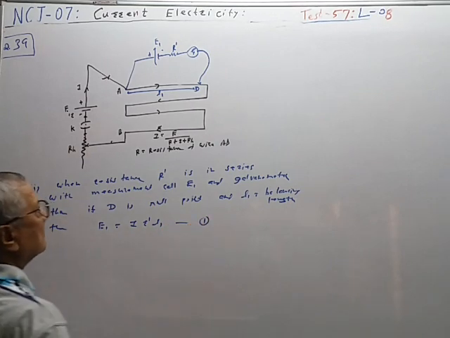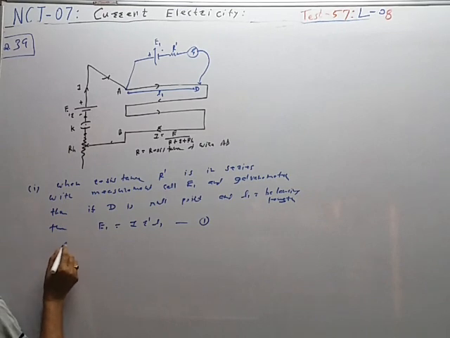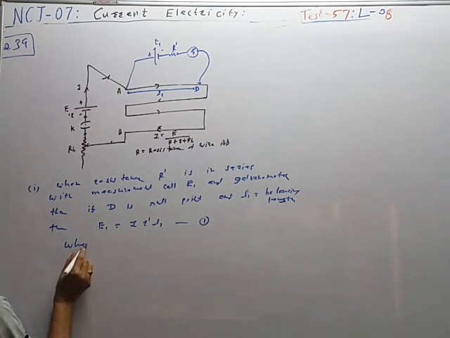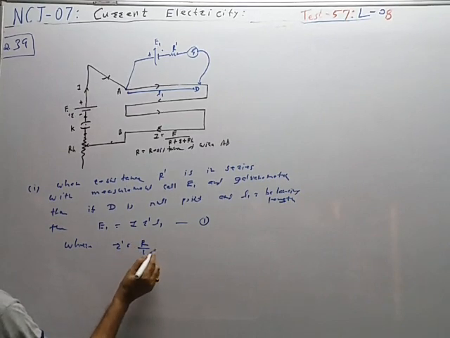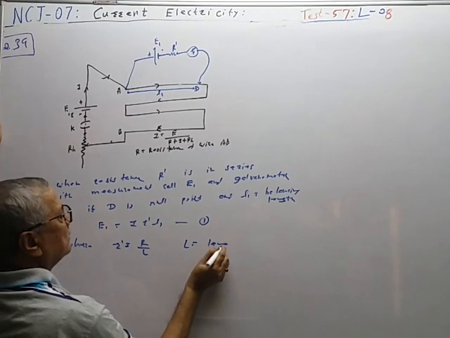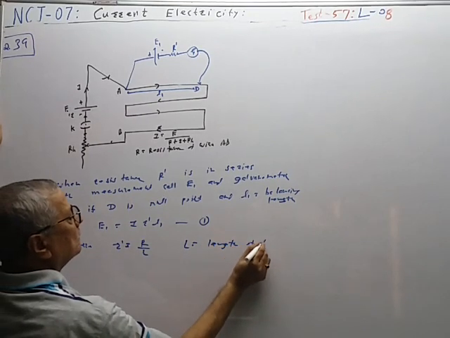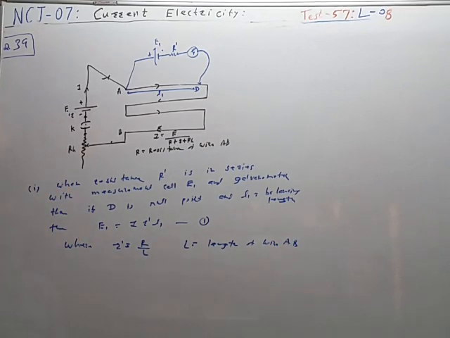So this is the equation 1, where R dash is equal to R by L. L is equal to length of the wire AB.